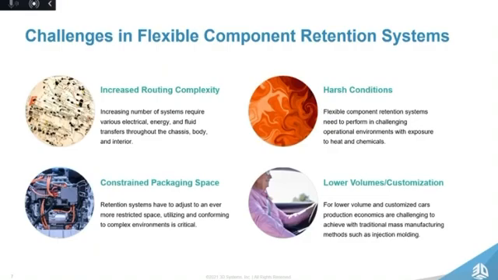And by complexity, the things that impact this are the types and variability of takeouts for certain flexible components, primarily EDS or wiring harness takeouts. But this also, as we'll talk about a little later, can be applied to things like vacuum hoses, fluid management systems, hoses that go through the vehicle, various other wires, and so on. Basically, anything that needs to be retained and is flexible in the vehicle.